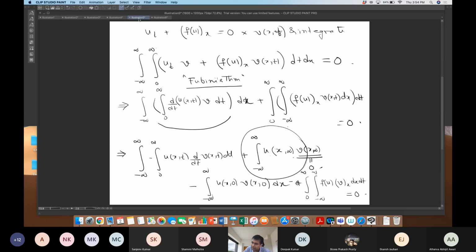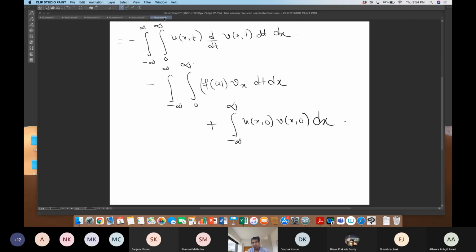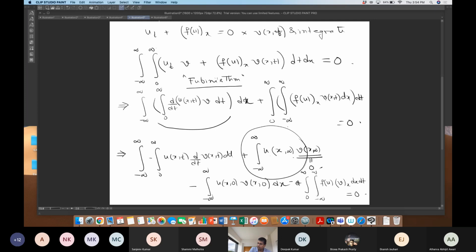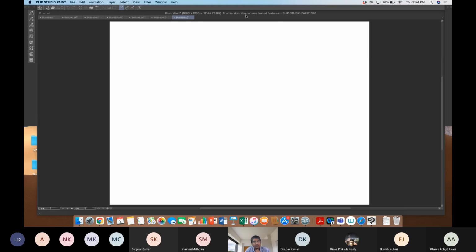So if you multiply this equation with v(x,t) and integrate, you will obtain this, and this is equal to 0, because this left hand side is equal to this part, and the right hand side is 0, so you will get 0. Now can you get any idea how to define the solution?